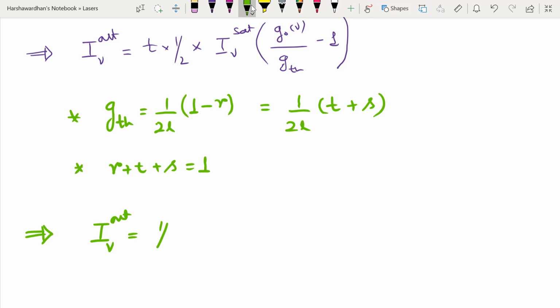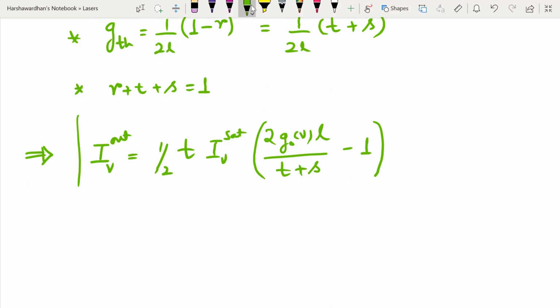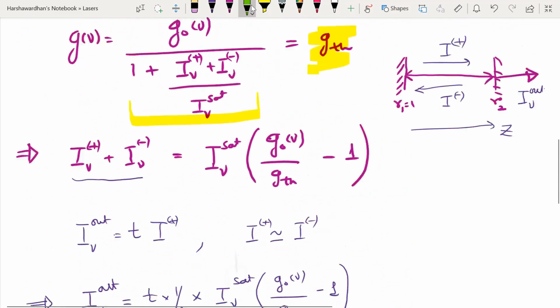So you see, if I put this back into my output intensity, my I nu out is simply half times T I nu saturation times twice G naught nu small l by T plus S minus 1, right?